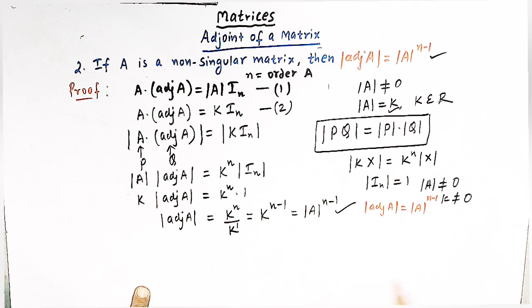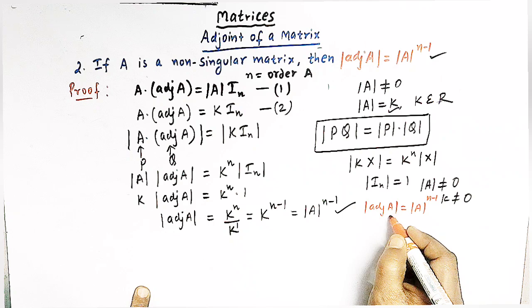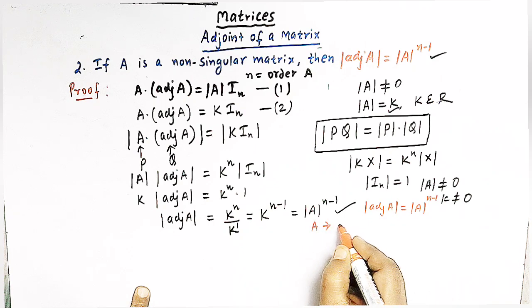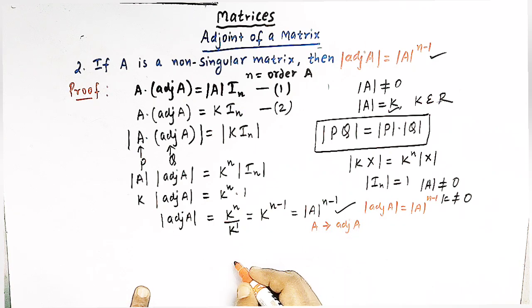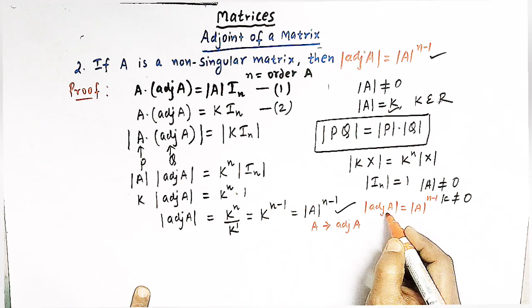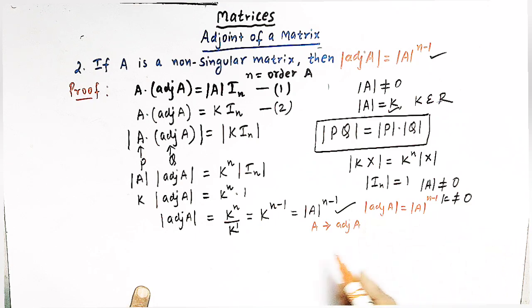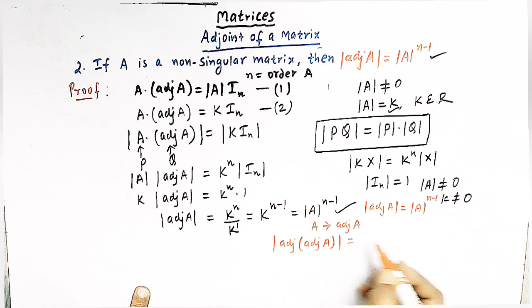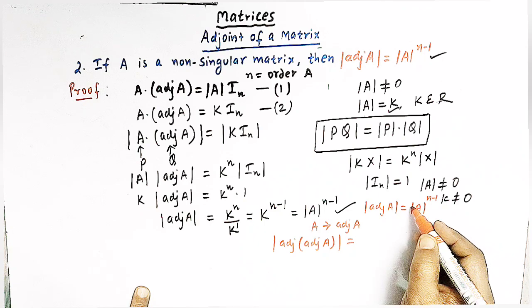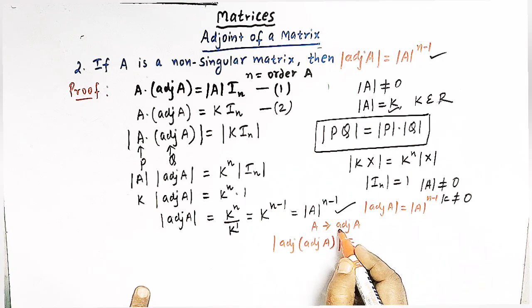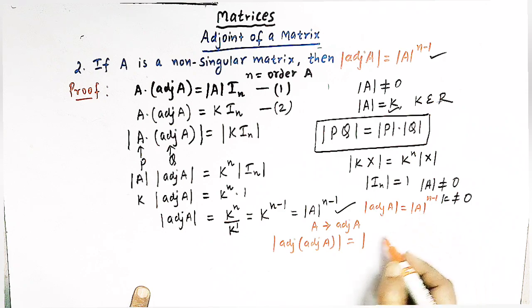If we replace this matrix A by adjoint of A, then this result can be written as the determinant of adjoint of adjoint of A, and on the right hand side we have the determinant of adjoint of A raised to n minus 1.